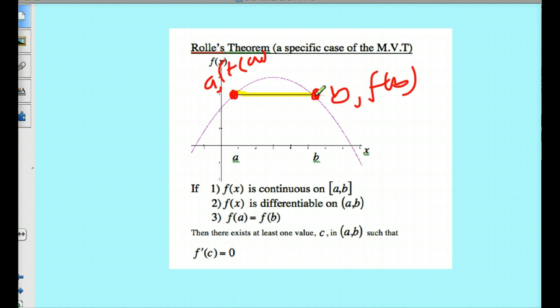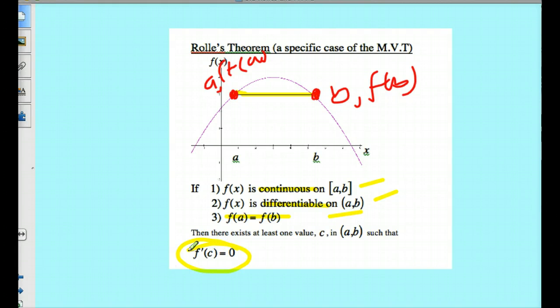So in this case, what we're going to see is number one, I still need to be continuous. Number two, I still need to be differentiable. But now there's a third condition that says when I plug in A, when I plug in B, they have to be the same. So if all three of these are true, then I can use this equation right here.